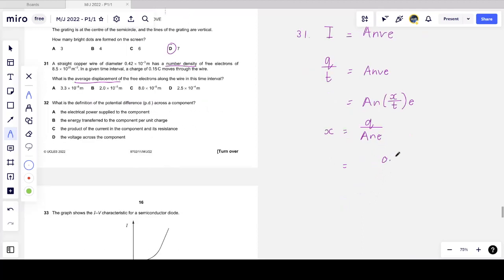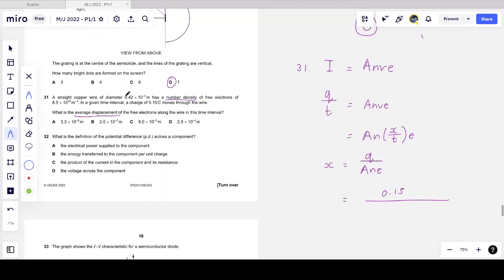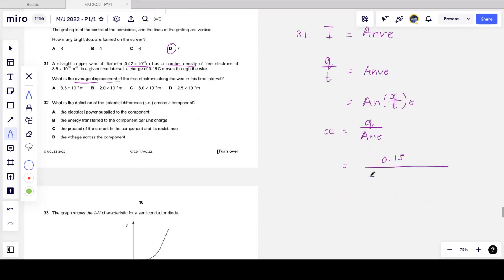the total charge, 0.15 coulombs, divided by, now this is the cross-section of the wire, which we can use the diameter of the face of the wire to find. That's pi times r squared. R is half the diameter, 0.21 times 10 to the minus 3, since that is given in 10 to the minus 3 meters.